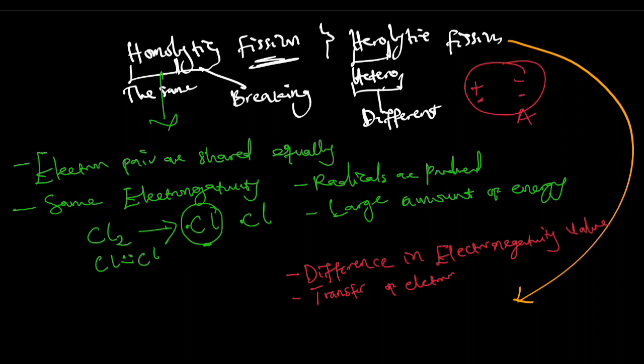Let's say we're talking about a particular molecule AB, and B is more electronegative than A. This is what will happen: B takes the two electrons of the pair, so A becomes positive and B becomes negative since it has one more electron.